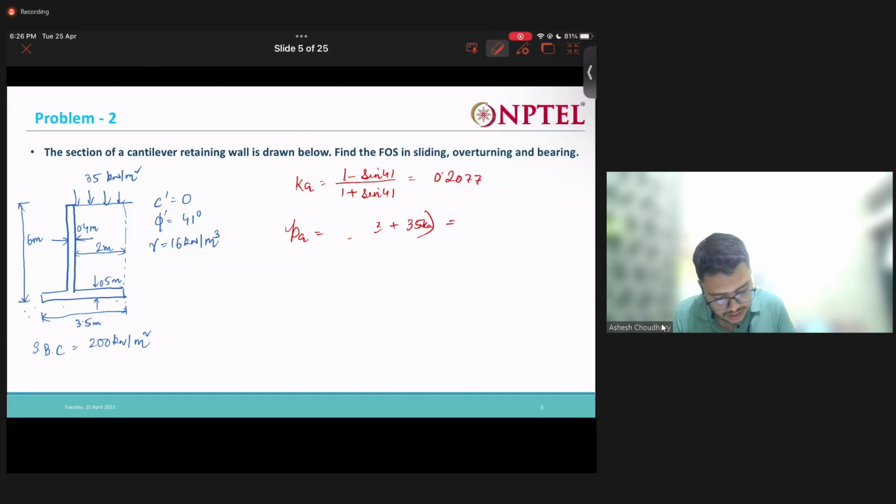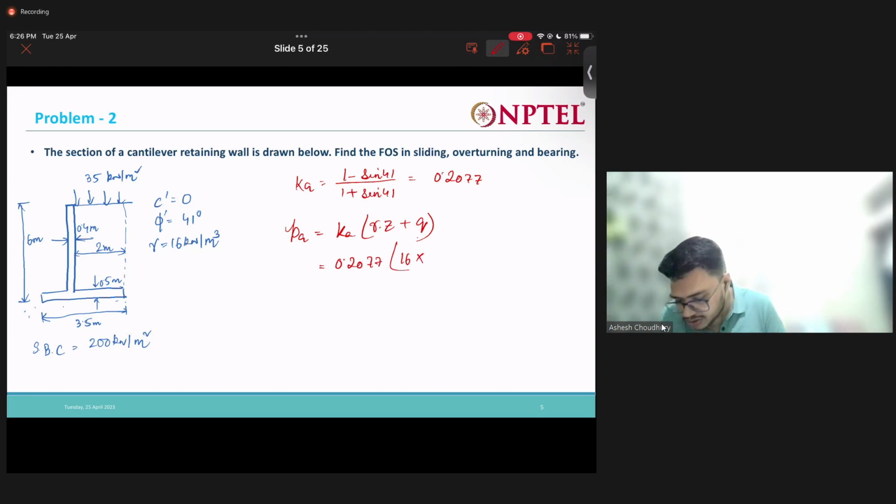Sorry, extremely sorry. It will be K into gamma into Z plus Q, right? What is our K? 0.2077. What is the gamma value? Gamma is 16. What is Z value? Total 6 meters, right? So 6 meters plus our Q. What is Q?